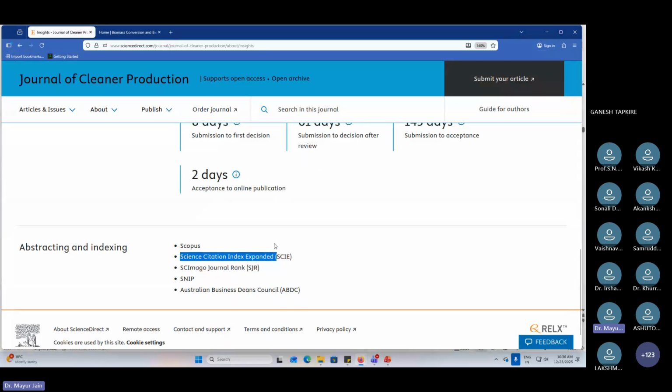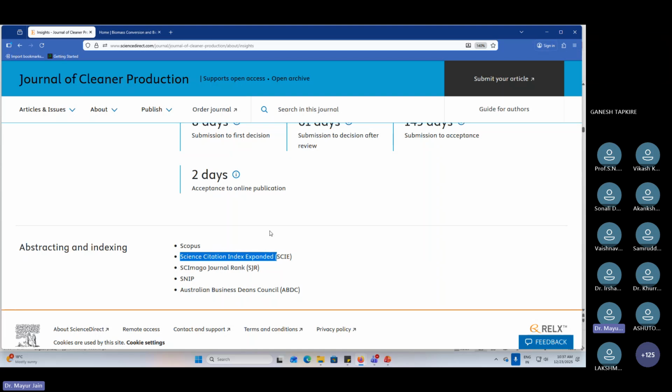Which is again a very important type of indexing, which indicates that this journal comes into a very renowned category, or peer reviewed category, or transparent category, right? So there are different criteria, but that is for the journals, not for us. But I think you should always focus that our studies follow either Scopus or SCI mostly, right?